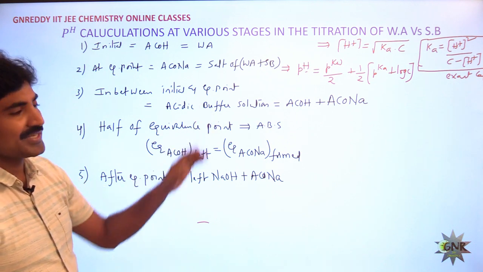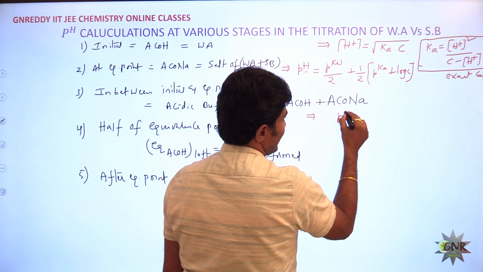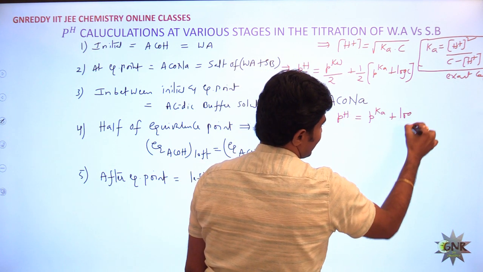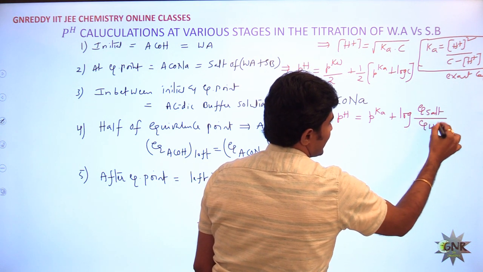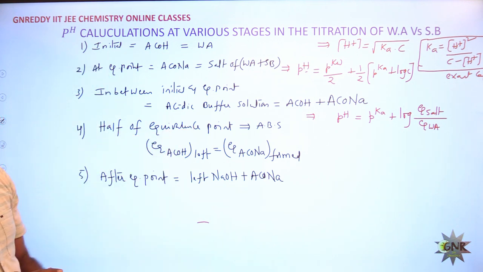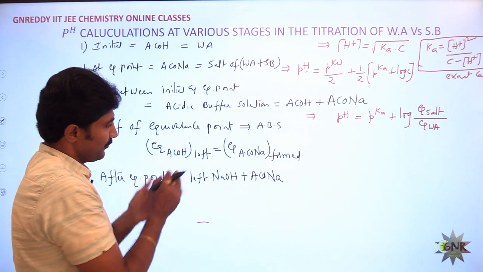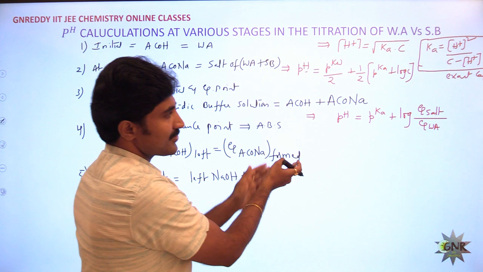And the third case is an acidic buffer solution. How is acidic buffer solution pH calculated? By Henderson's equation: pH is equal to pKa plus log of equivalents of salt formed by equivalents of weak acid left at that instant. And the fourth one is the half equivalence point. This also acts as an acidic buffer solution, but the left equivalents of weak acid are equal to the formed equivalents of salt.